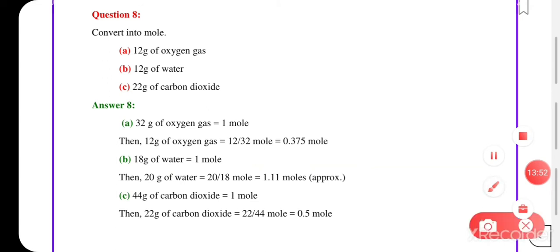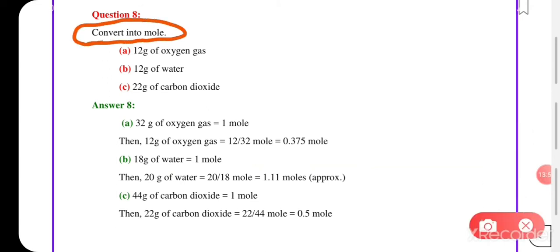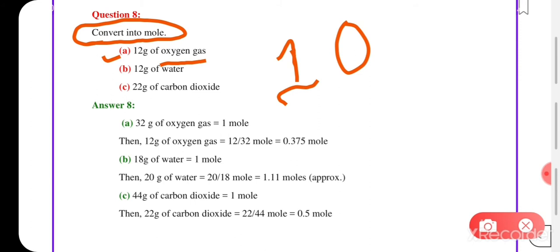Okay, in this question they are asking you to convert it into moles. It means you have to find out in this many grams how many moles will be present. So in the first question it is oxygen gas. You know this, how we write oxygen? This is the oxygen. So 1 mole of oxygen will be, means what?